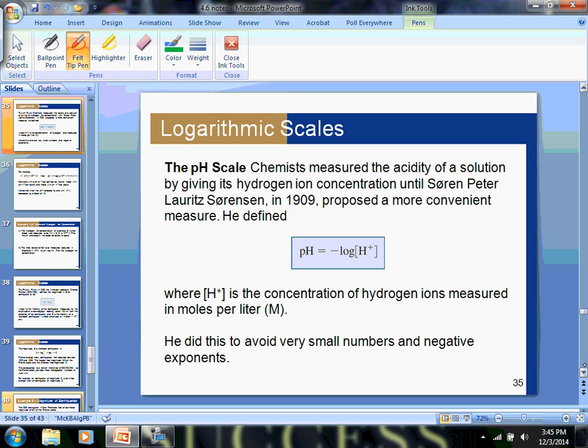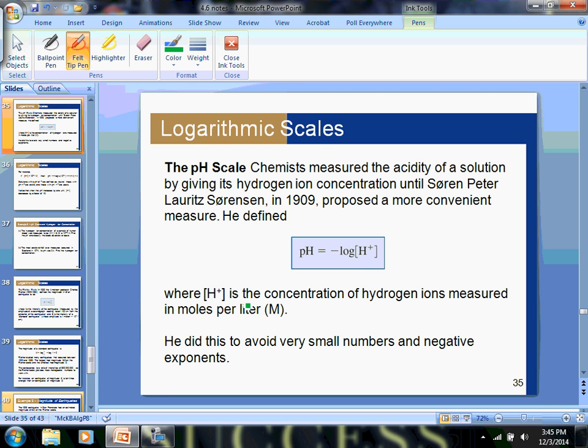Okay, so one of our first applications is the pH scale, and this is how chemists measure acidity. It was discovered by this guy Sorensen, and he came up with this measurement. The pH of your solution is going to be equal to the negative log of H plus.